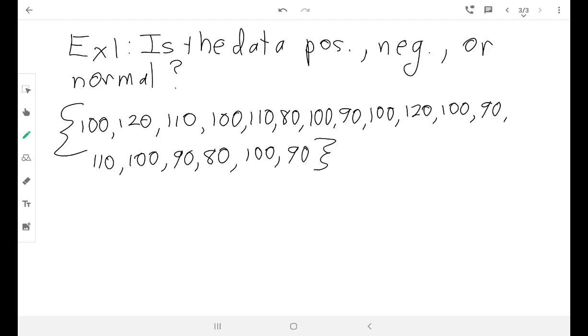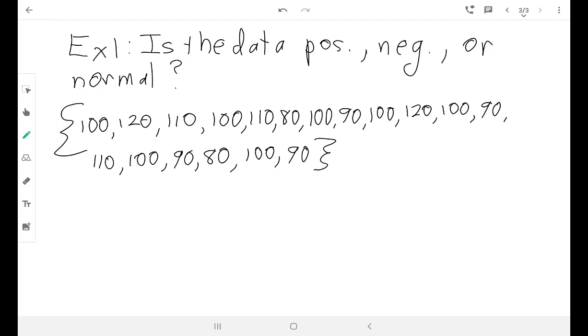Now, I don't know what this data is, but the beauty of this is it doesn't matter. All that matters is that the data is sitting there. To answer this question, we don't have to know what the data is for.